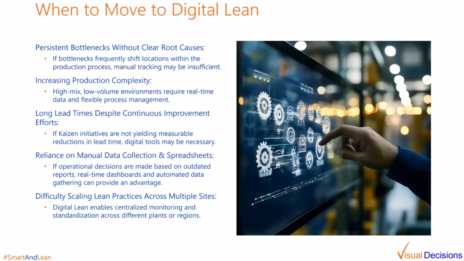And finally, there is difficulty scaling lean across multiple facilities. Scaling lean initiatives across multiple plants, production lines, or global operations becomes increasingly difficult without digital tools. Each facility may have different workflows, levels of automation, and production conditions, making standardized lean approaches challenging. Without a centralized data-driven approach, lean improvements often remain isolated to single locations and fail to scale efficiently.